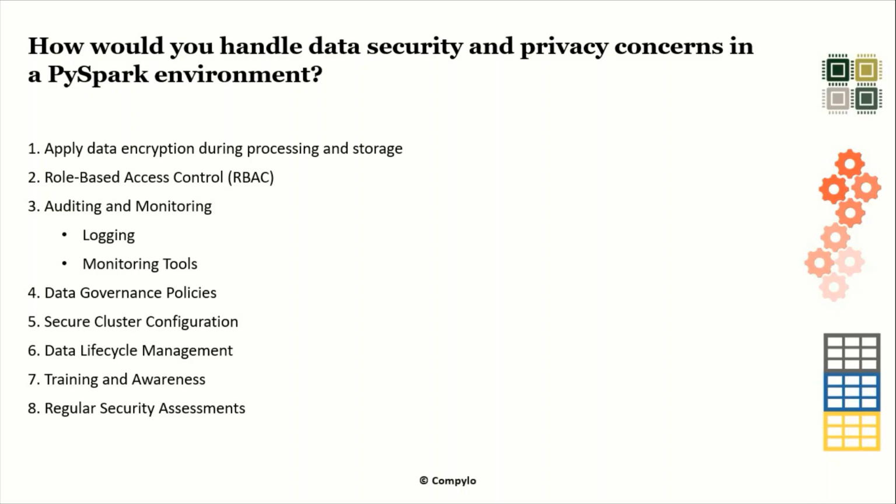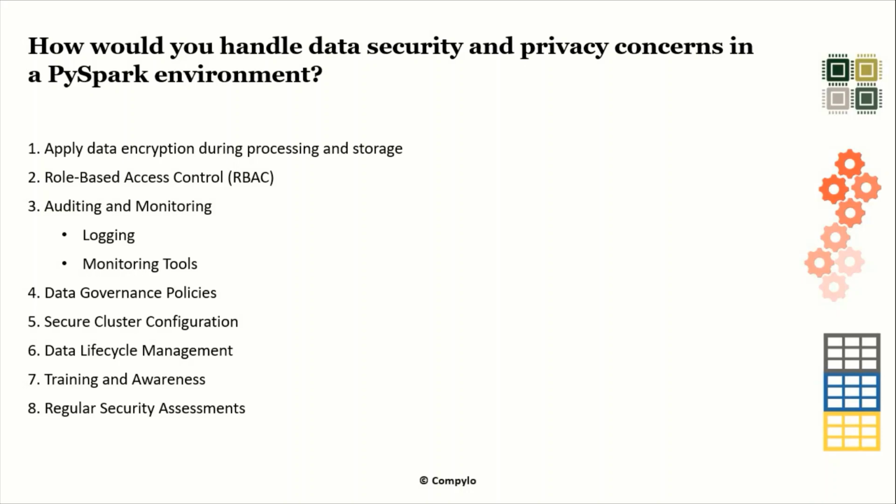In PySpark, we can achieve that by using AES_encrypt and AES_decrypt functions on columns in a data frame. We can also use another library, such as the cryptography library, to achieve this goal. PySpark improves data security and privacy through encryption, access control, and integration with secure platforms.